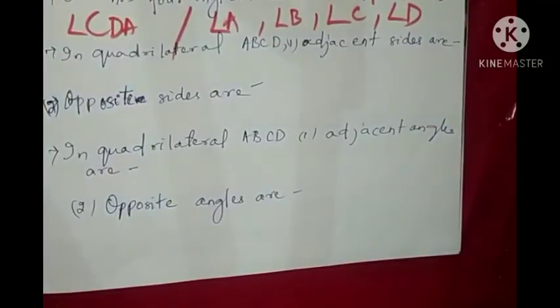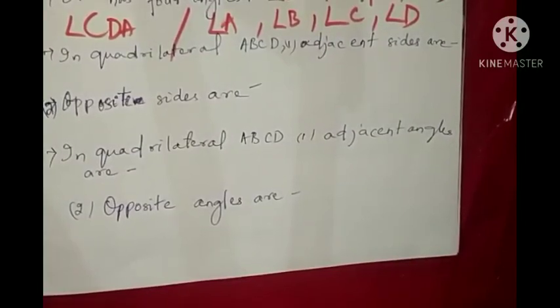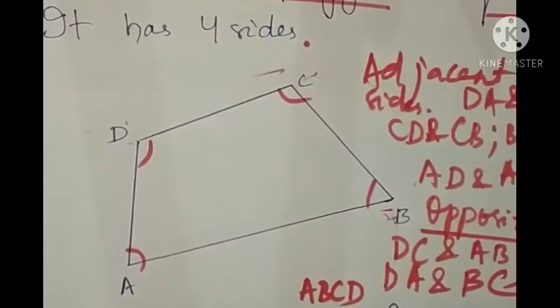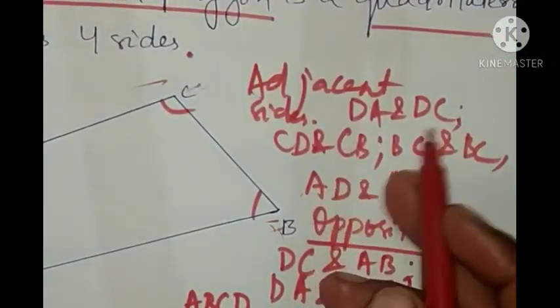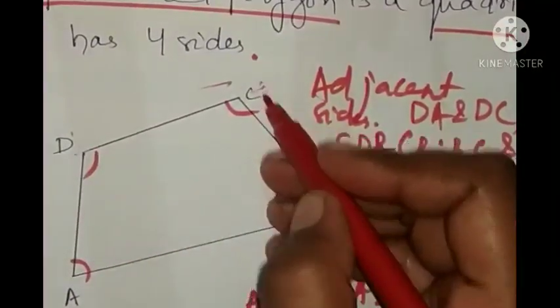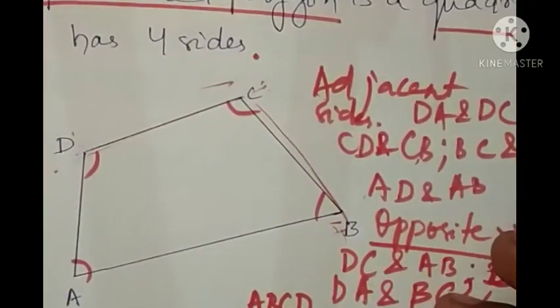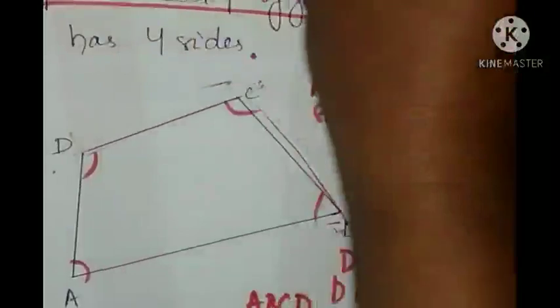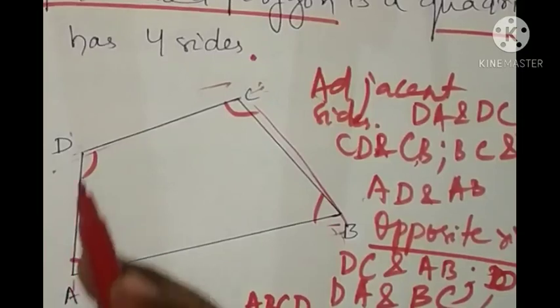Next, in quadrilateral ABCD, what are the adjacent sides? Adjacent sides are DA and DC, next CD and CB, next BC and BA, next AD and AB.